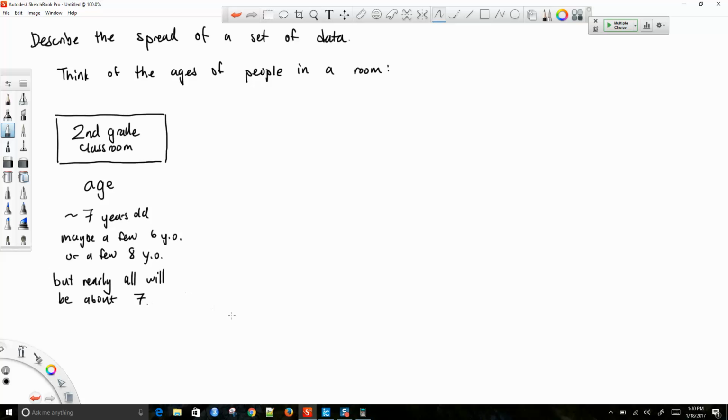So as far as the spread in the ages, there's very little spread here.